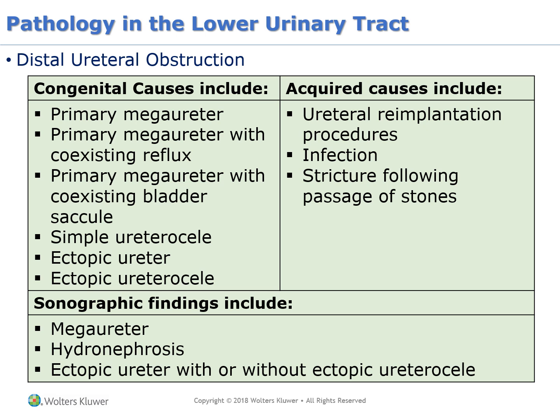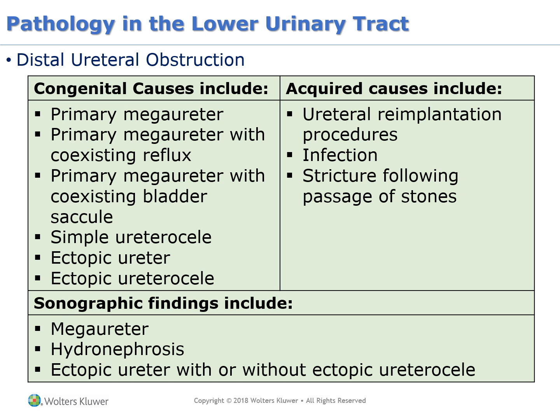Acquired causes would include ureteral reimplantation procedures, where a patient has had their ureter removed from its natural implantation and readjusted or repositioned at a new location on the bladder. Infection is going to cause inflammation. It can cause all the structures to perform less efficiently, and that may result in some reflux.